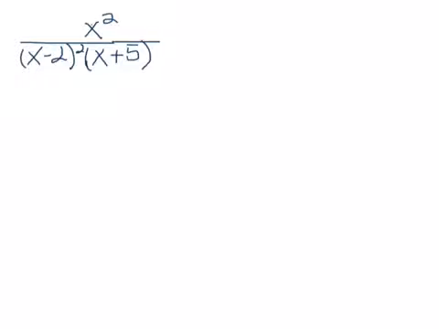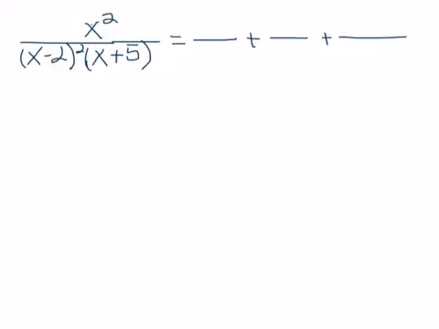Here we have to use partial fraction decomposition to break apart the given fraction into its smallest possible fractions. We are going to do that by setting this equal to the fractions that have each part of the least common denominator represented in them.